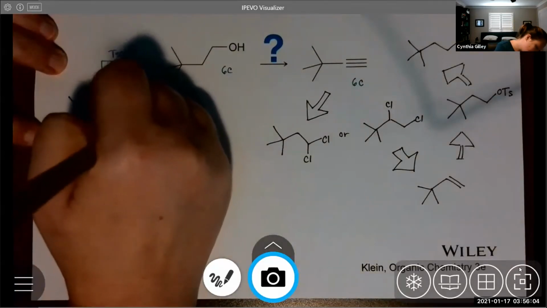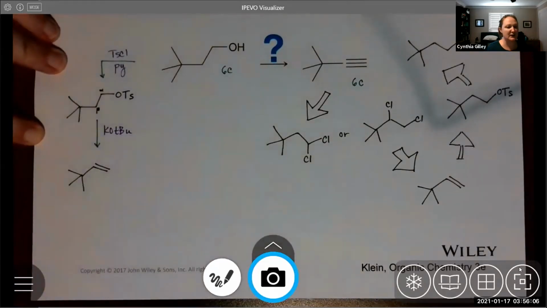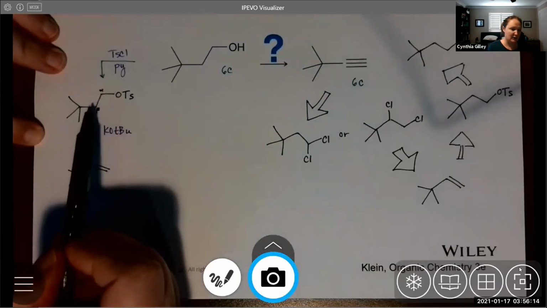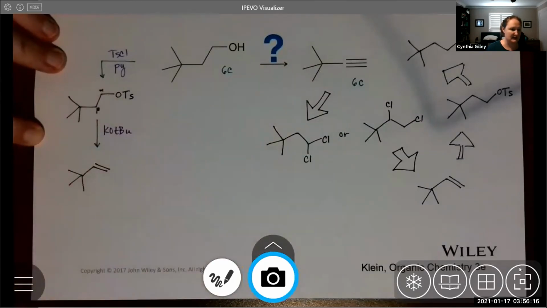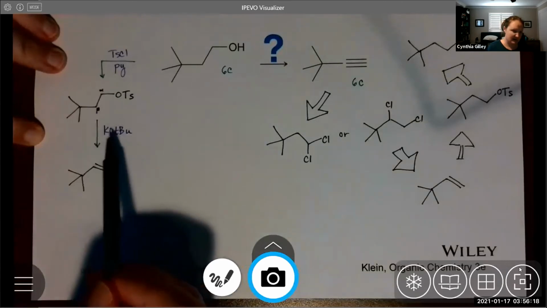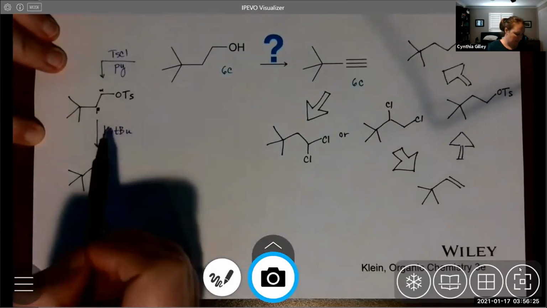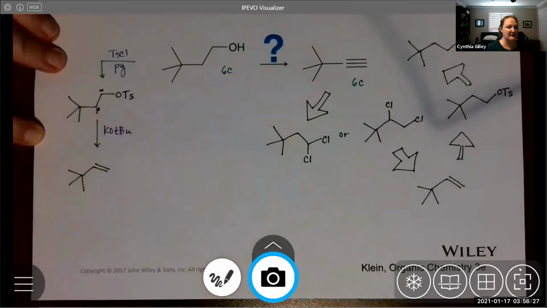Not because I'm worried about Hofmann versus Zaitsev regioselectivity, but because I want to prevent SN2. Primary substrates are great substrates for SN2 reactions. If I used hydroxide, it could do SN2 as the major product and only E2 as the minor. So using a bulky base will prevent SN2 and favor E2.